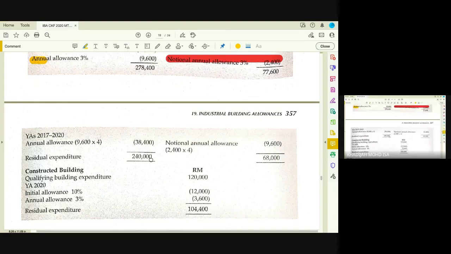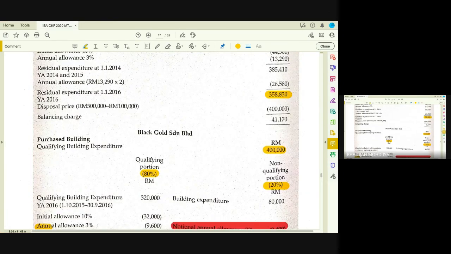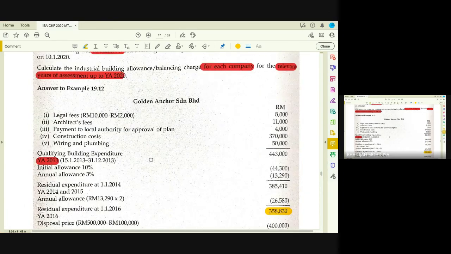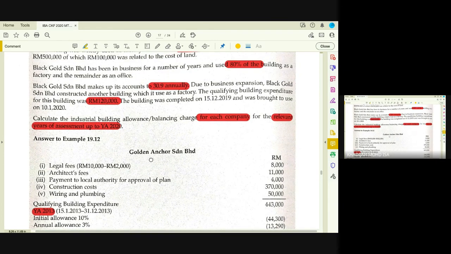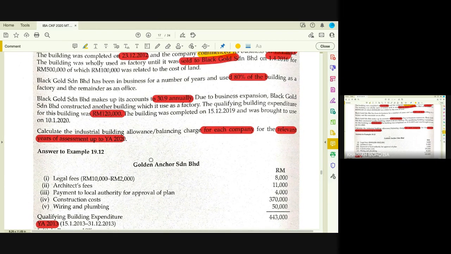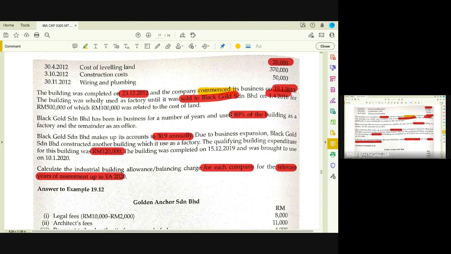Alright, and then we have the constructed building, where you have constructed a building. Golden Anchor, 120,000, completed in 2019. I remember that Black Gold's year end is 30th of September.